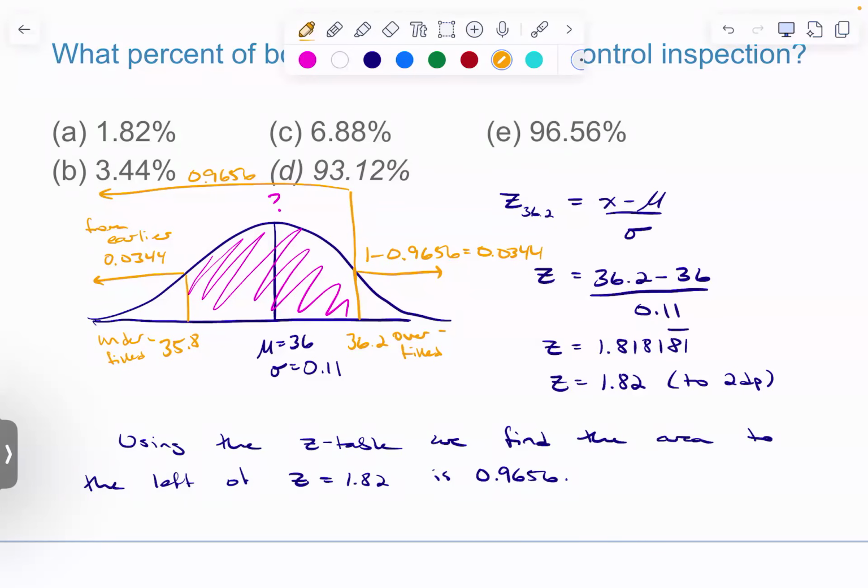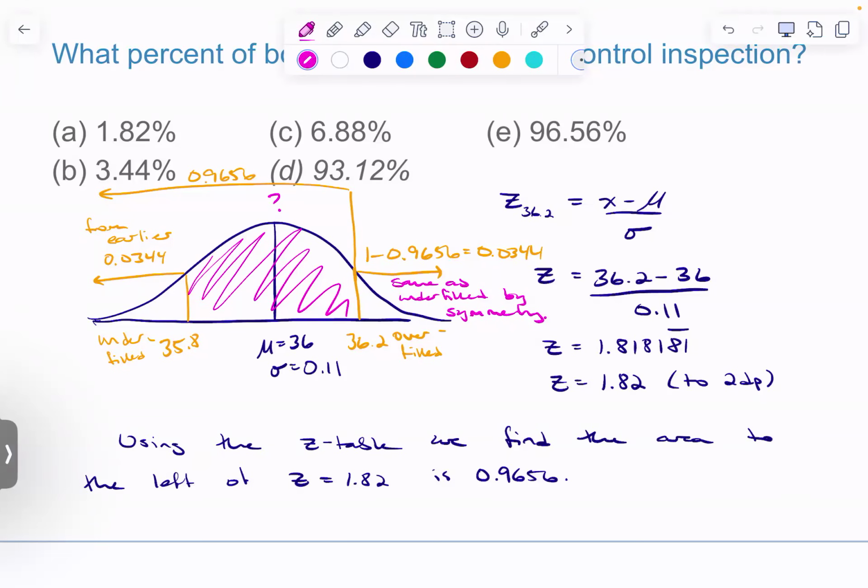So it'll be the same as on the lower end because I moved the exact same distance from the mean. Same as the lower tail, by symmetry. That's not always going to be the case, right? But in this case, if you get the same Z, it will be the same.